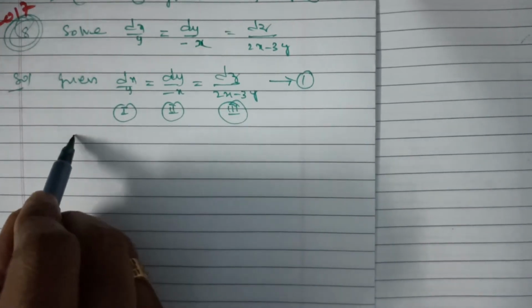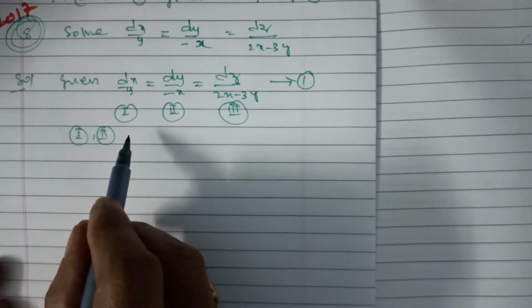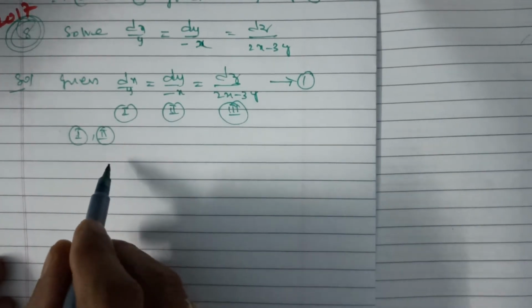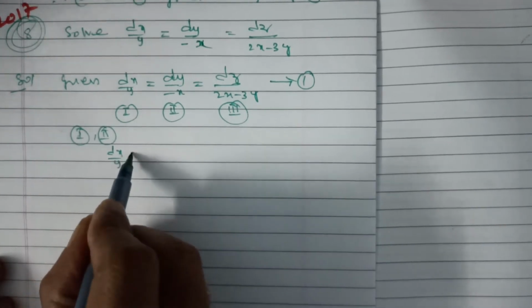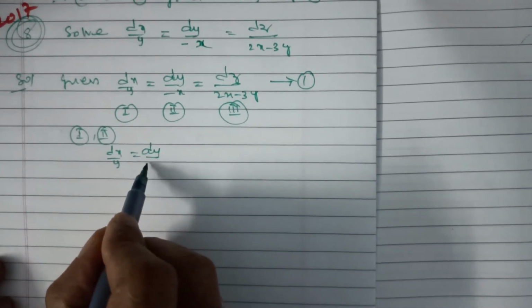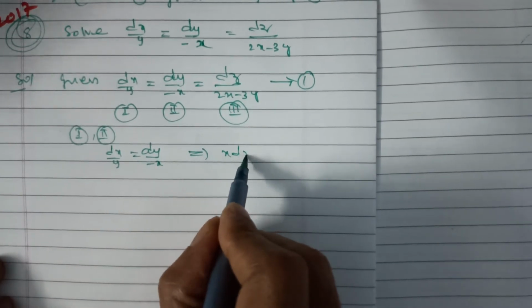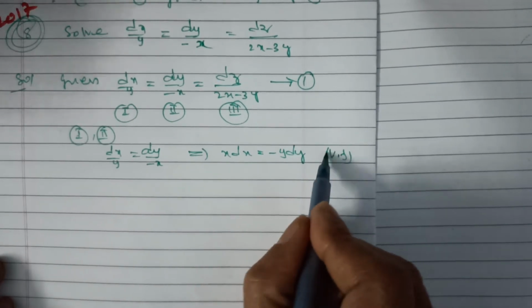Right. From ratios 1 and 2, we have the grouping method. By taking the grouping method itself, we can find one solution. It is dx by y is equal to dy by minus x. This implies x dx is equal to minus y dy, variable separable form.